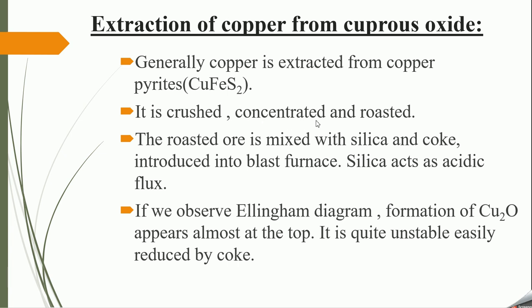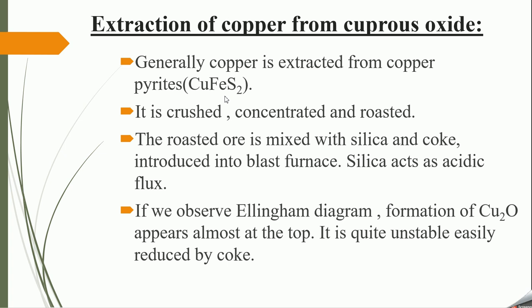and then it is concentrated. So here concentration is done using Froth flotation method, because ore is in the form of sulfide. All sulfide ores are concentrated by Froth flotation method and then it is roasted. Roasting is done to convert sulfide form of ore into oxide form.